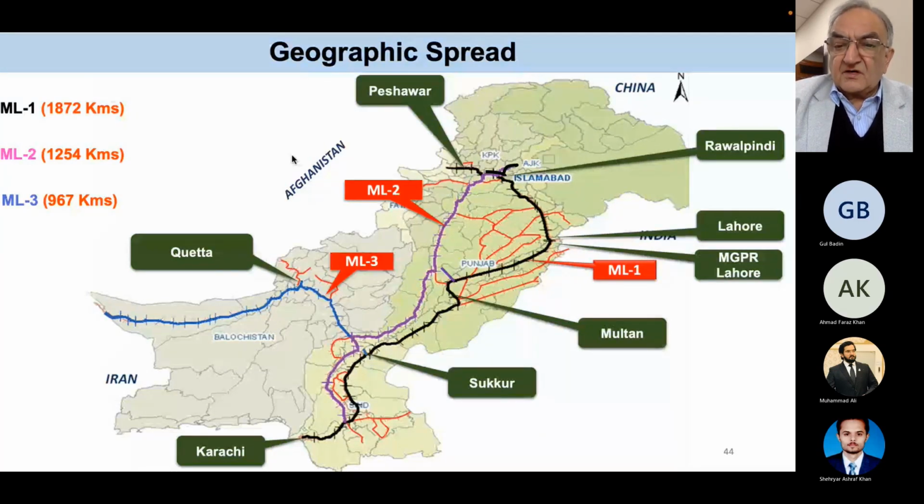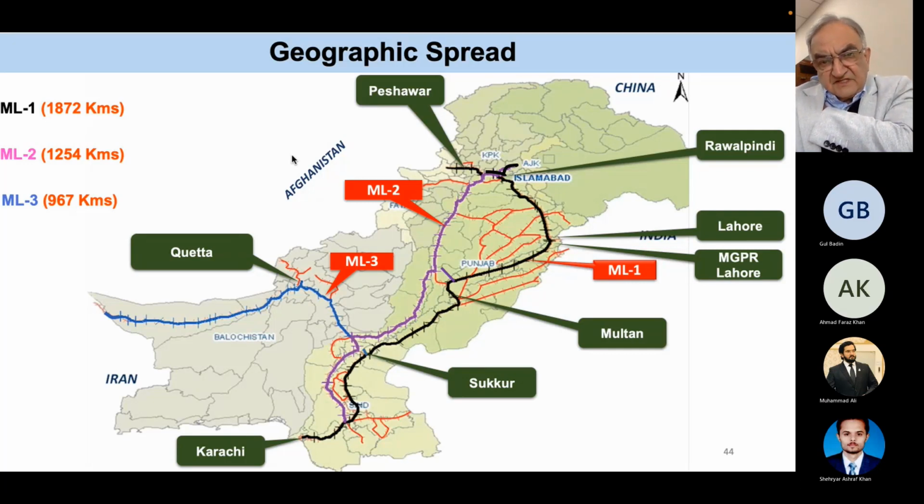And Lahore division geographically ends, on the ML-1, at Lala Musa, near Gujrat. Then Rawalpindi division starts from Lala Musa and ends at Golra, along with other branch lines. And from Golra to Peshawar and on to Landi Kotal, that is part of ML-1, which is then Peshawar division.